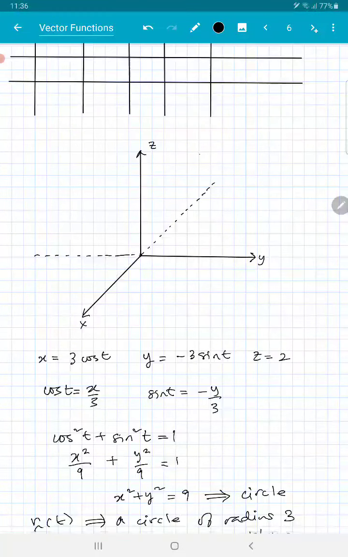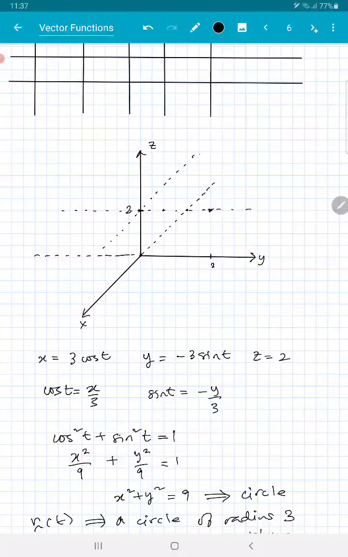Okay, so let's say 1, 2, 3, 4. Let's say that's a 2. So what we're going to do is sketch a circle of radius 3 on the z equals 2 plane. So this is 1, 2, 3, so it will go through this point.